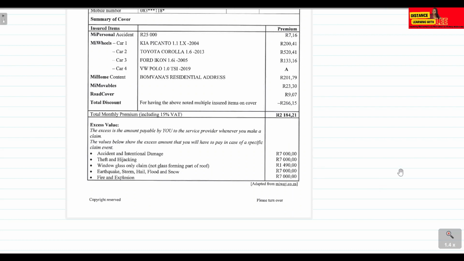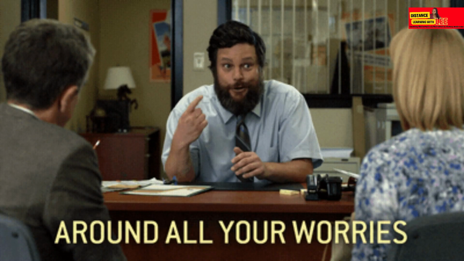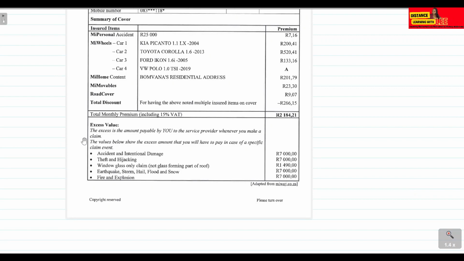We're also given the excess. Guys, the excess is the amount that you pay before your insurance pays. We are given the definition: the excess is the amount payable by you to the service provider when you make a claim. For example, let's say Bomvana is driving his Kia Picanto and it gets into an accident.